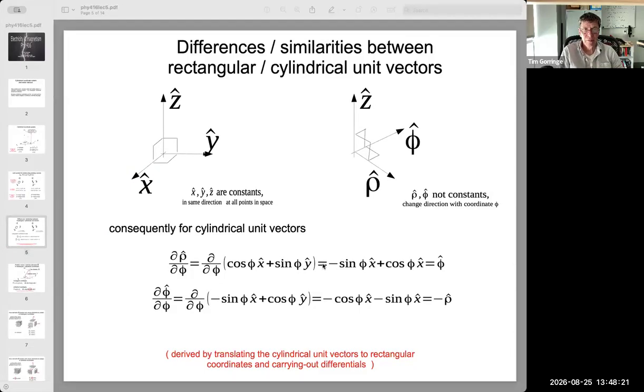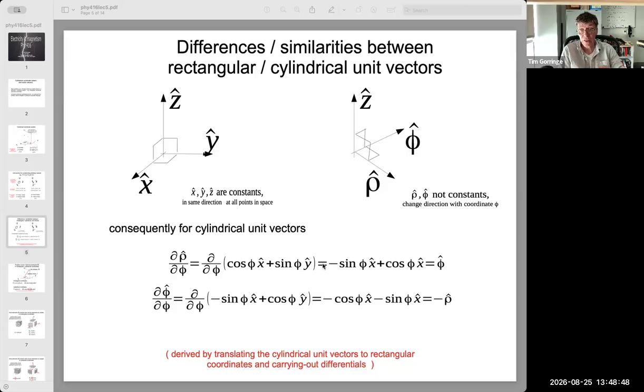In this slide, I'm going to elaborate a little bit on this rotation. And to elaborate on the rotation, we're going to look at how much the unit vectors phi and rho rotate when you change the angle phi, the coordinate phi.